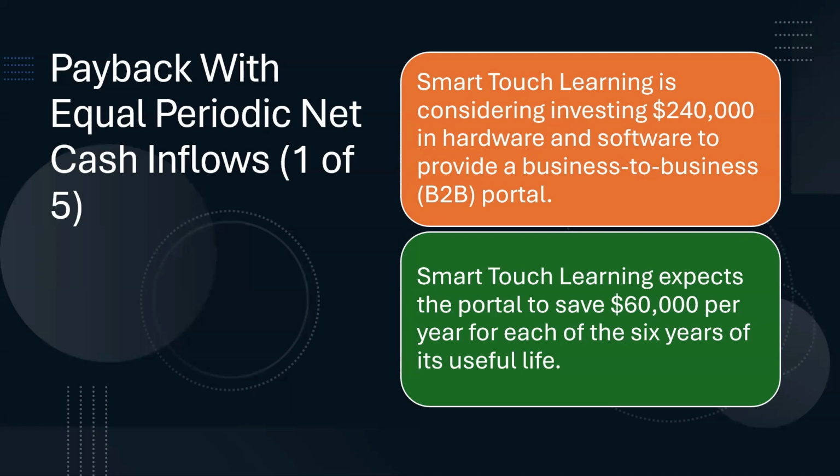The net cash inflows arise from an increase in revenues, a decrease in expenses, or both. So in Smart Touch Learning's case, the net cash inflows result from lower expenses.